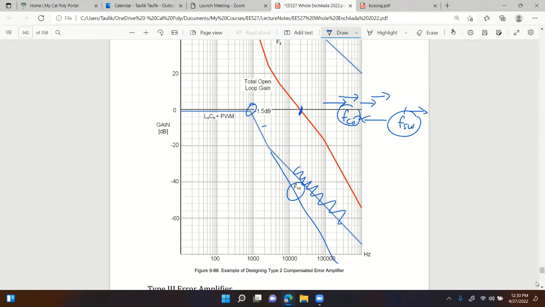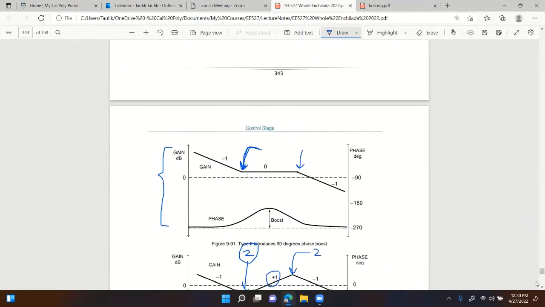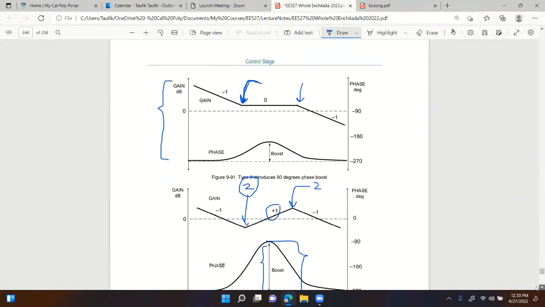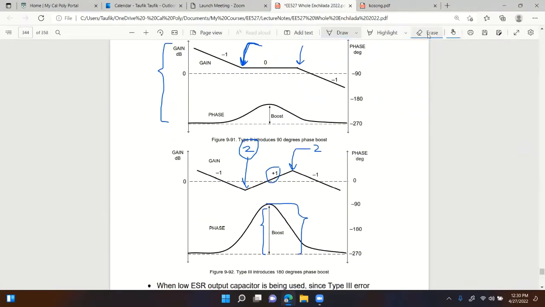Any questions? Notice that if you do type 3, look at type 3 again, right here. Look at the crossover frequency. See this? The crossover frequency has a +1 slope. So if the initial gain plot has -2, then -2 + 1 gives you -1.